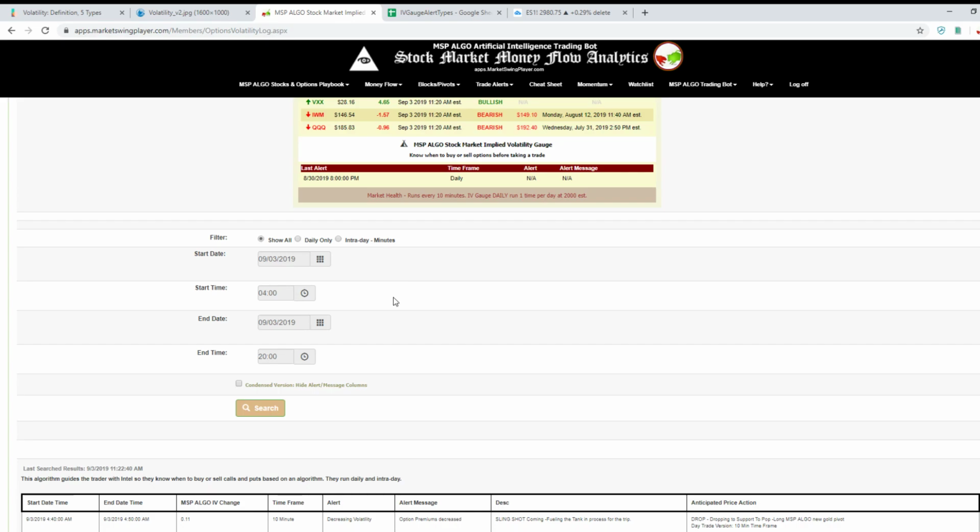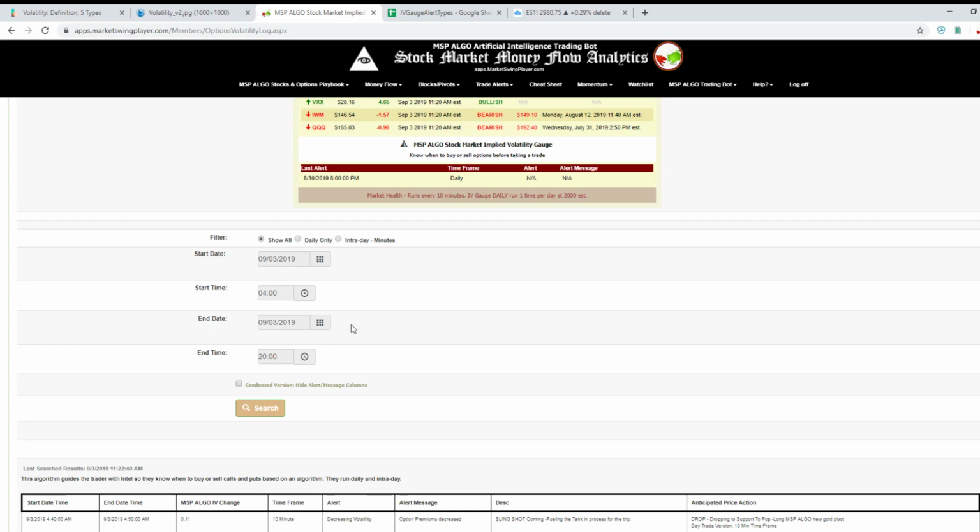Okay, the daily time frame is for swing traders, or to get a higher level perspective of how the day did, whereas the intraday time frame is more so smaller moves within that day. Then we have a start date, a start time, an end date, and an end time.